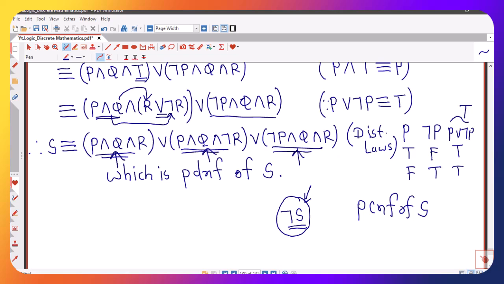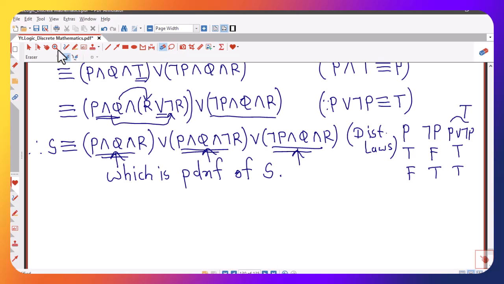The remaining min terms containing P, Q and R, we will write the disjunction of those remaining min terms, and that will be the principal disjunctive normal form of negation S. So for that we have to first find out which min terms are not used in the PDNF of S.